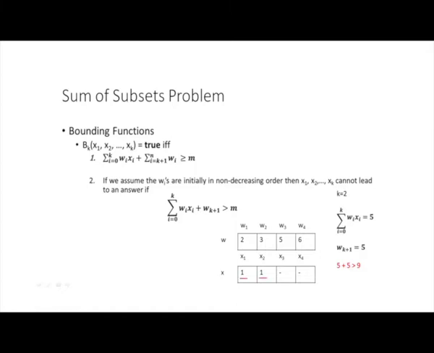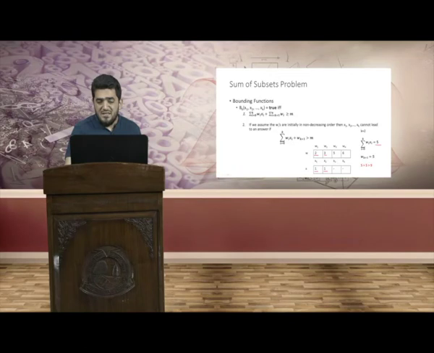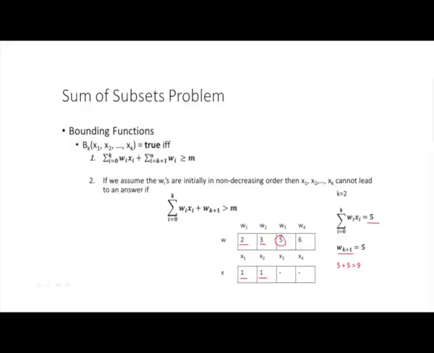The sum of the weights so far is simply 3 plus 2, which is equal to 5, and the immediately next weight that we have to decide whether to consider or not, w of k plus 1, in our case is 5. So the sum here is greater than 9.